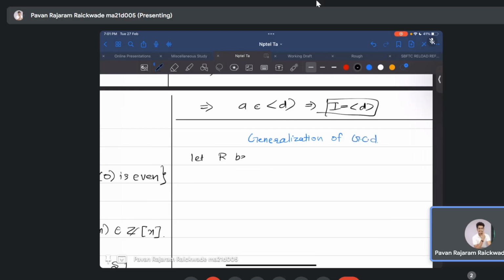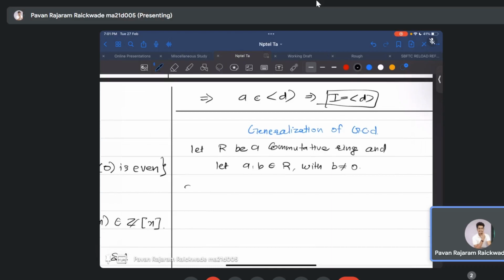Let R be a commutative ring and let a, b belong to R with b non-zero.